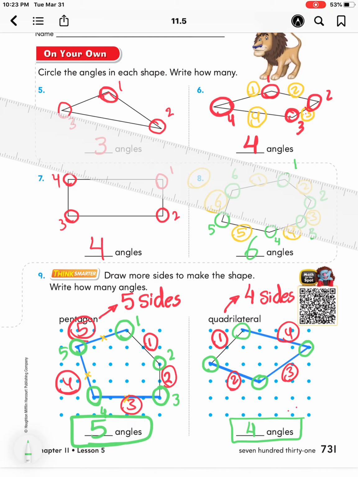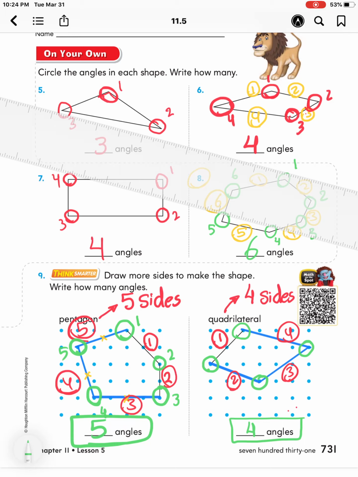Now, as you see, today's lesson is all about angles in 2-dimensional shapes. So, what I need you to know is that whenever you have a certain number of vertices in a shape, it's the same number of angles, okay?